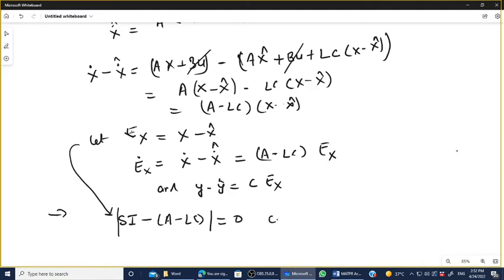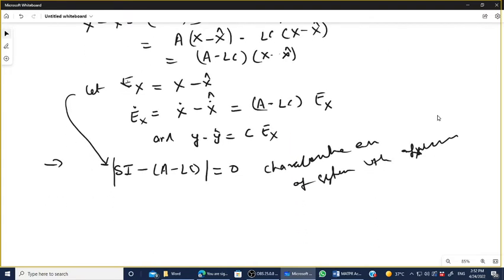You can say this is the characteristic equation of the system with observer, right? So it is found up to this point. Next, what you have to do now is that some specification will give the desired characteristic equation, and you have to find it based on that specification.